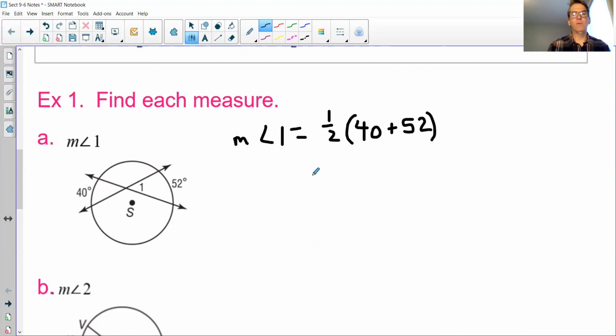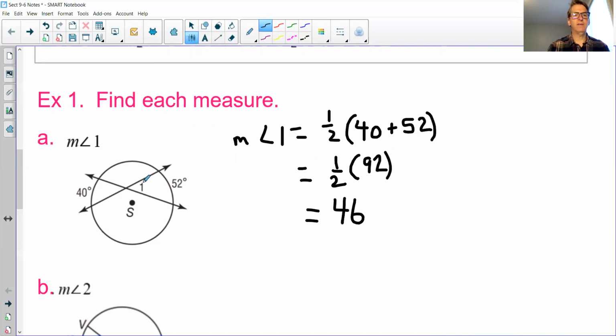The measure of angle 1 is equal to 1/2 times 92. So the measure of angle 1 is 46.